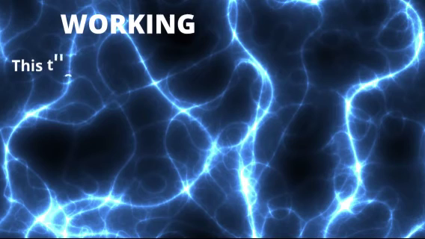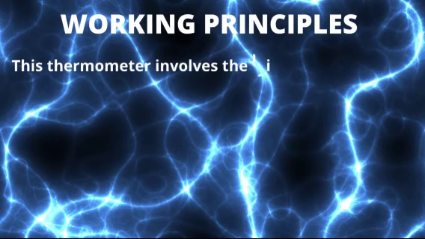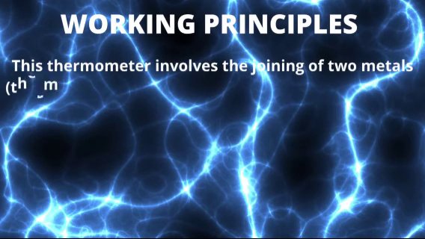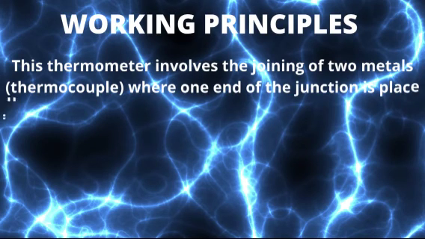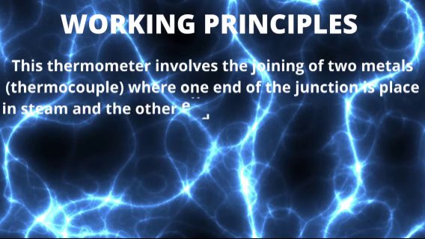It is the difference between the cold and hot junction that determines the size of the current in the thermocouple, and that current is measured with a galvanometer.